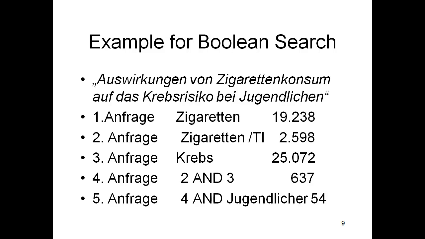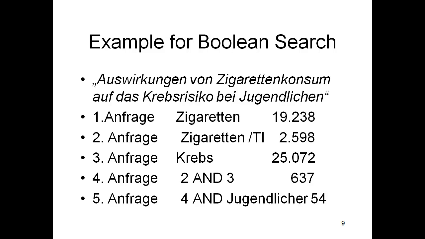We have our interest: how does cigarette consumption affect the risk of getting cancer for young people? And we start with cigarettes. We get too many hits here. We say, well, we don't want to read 19,000, so let's use a field search, and we search cigarettes only in the title. But we still don't want to read 2,000.